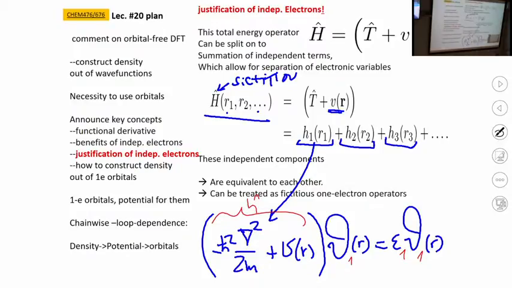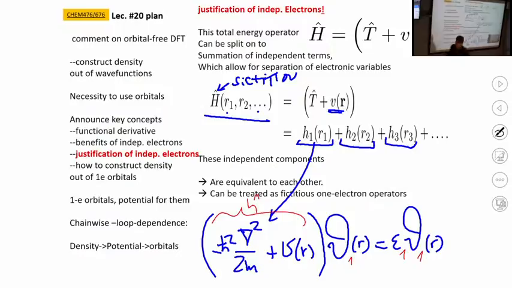The mathematical approach for solving multi-electronic equations, multivariable equations in partial derivatives, is what? Who took differential equations? Okay, who? One, two, three, four. Okay, separation of variables, right? When is separation of variables possible? When each coordinate is represented in its own term.